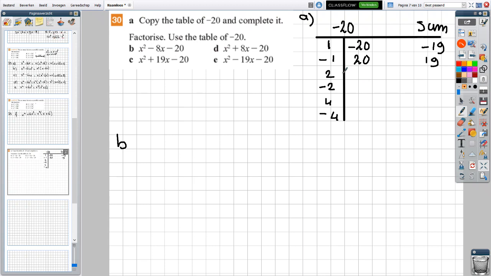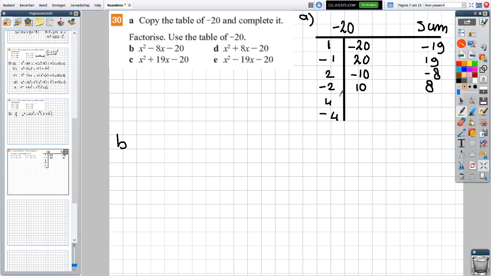The next numbers we have to find ourselves. So which number times 2 is going to be -20? Well, that can only be -10, right? So the sum is going to be 2 minus 10 is -8. For -2, I have to use 10 here. And then my sum is going to be +8.